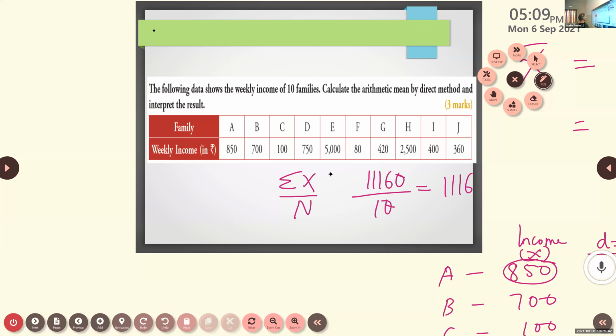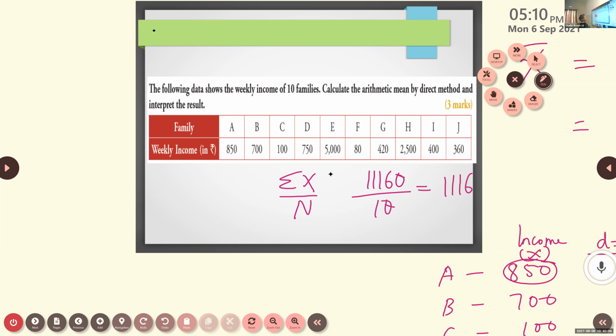So when you are arranging, which one comes in the middle? 420. Because it is ungrouped data, we can choose any one number.